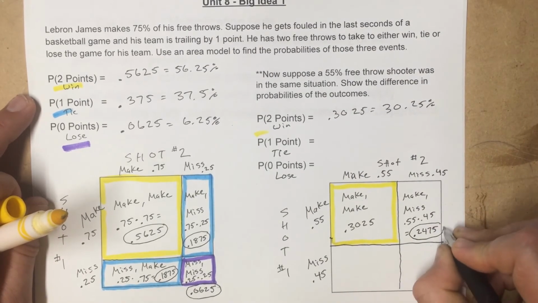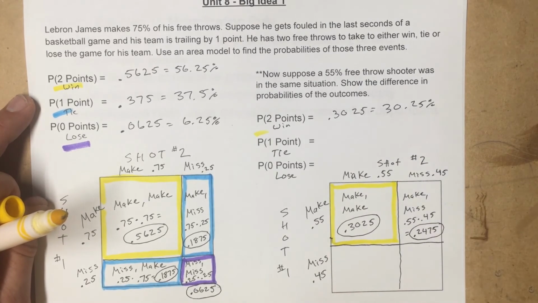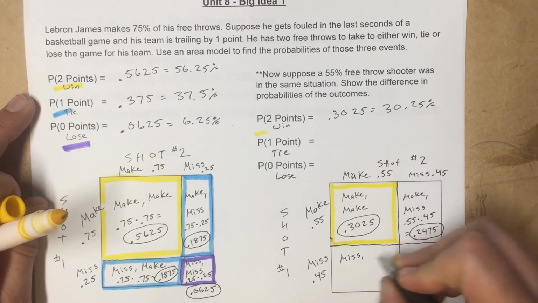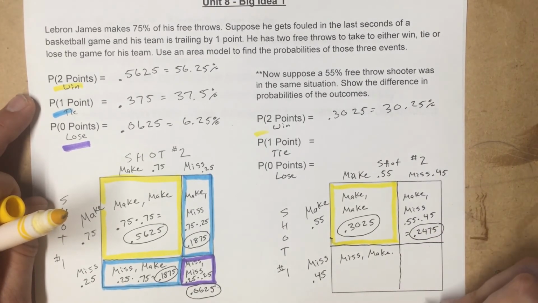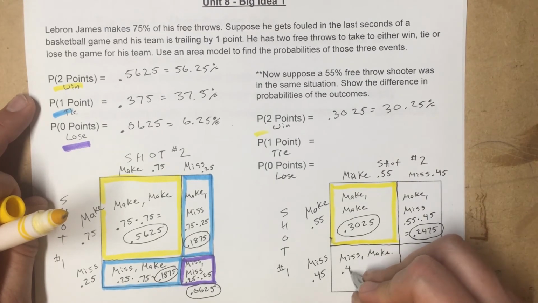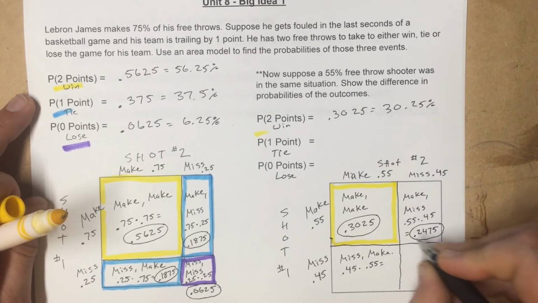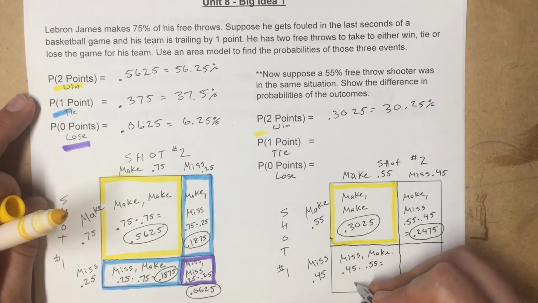I'm going to circle that just so I remember that's it. Similar case here, except this time he misses, and then he makes: 0.45 times 0.55. The multiplication's just reversed from this one, so I don't need to check that. That's 0.2475.